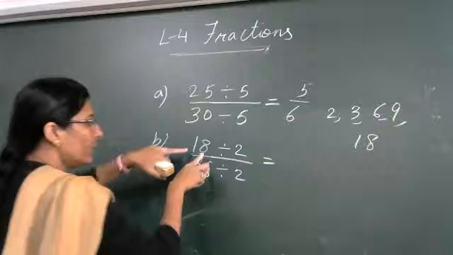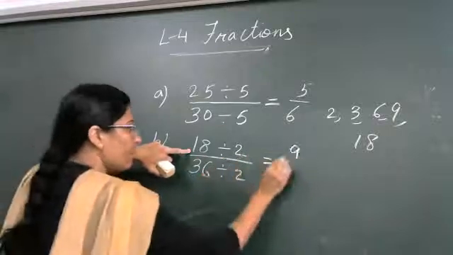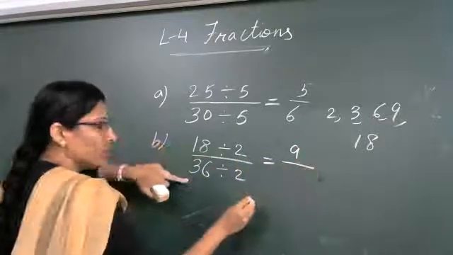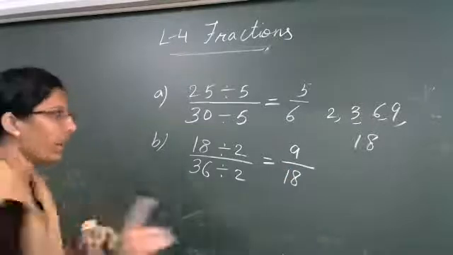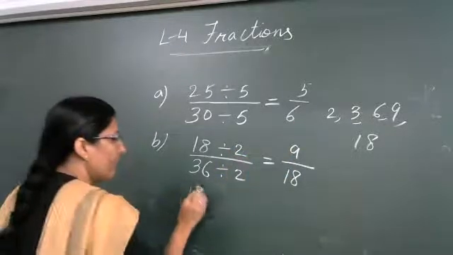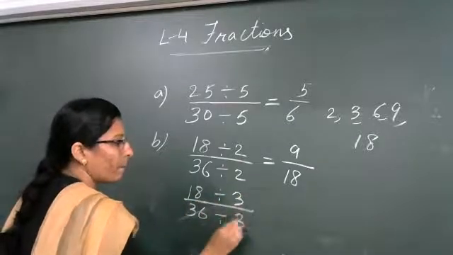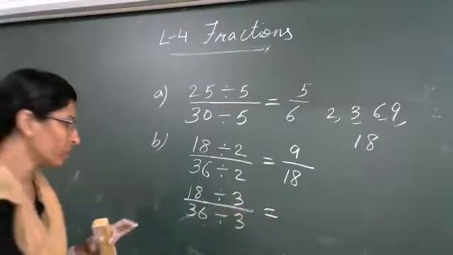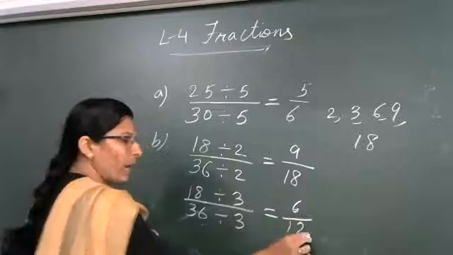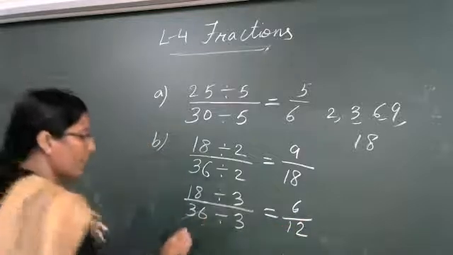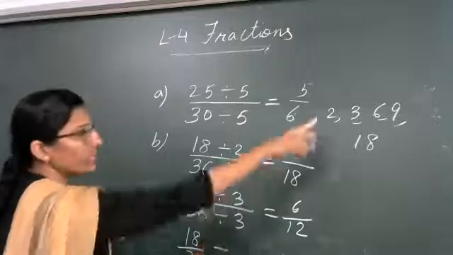What will we get? First with 2, 9 by 18. Again we can divide 18 and 36 with 3, 6 by 12. Again we can divide 18 by 36 with 6.